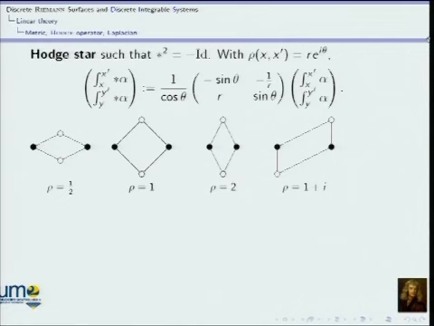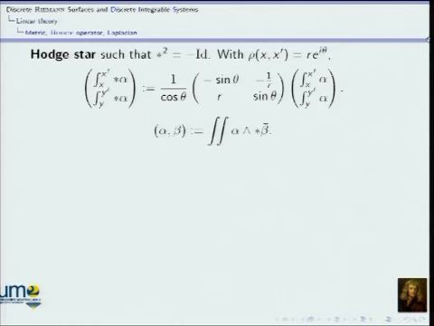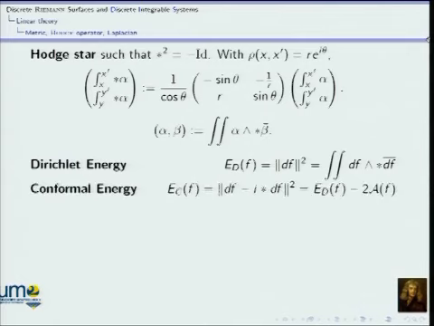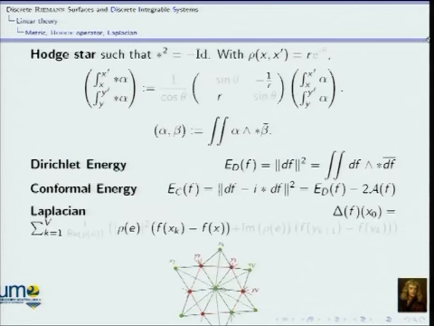So when rho is not real, it's a little bit more complicated, but still it gives rise to a well-defined scalar product. And the L2 norm of df for a function gives you the Dirichlet energy, and it's related to the Laplacian. You see that the gradient of that is the Laplacian.